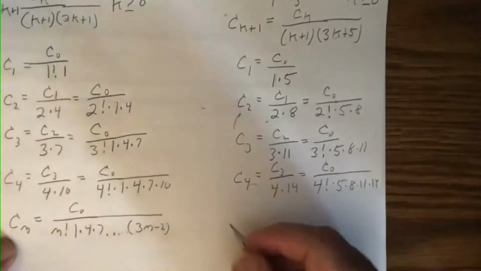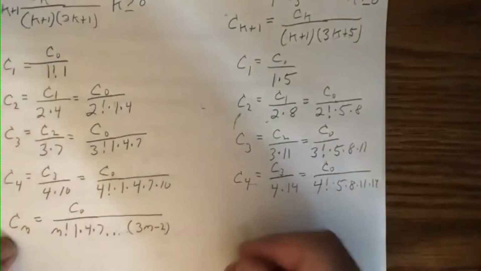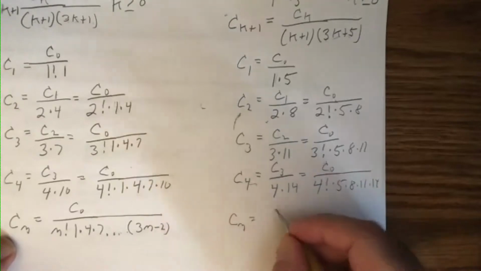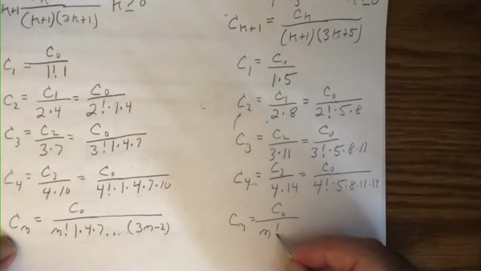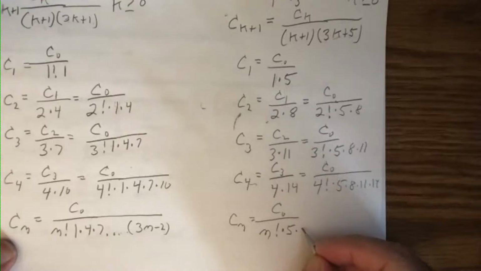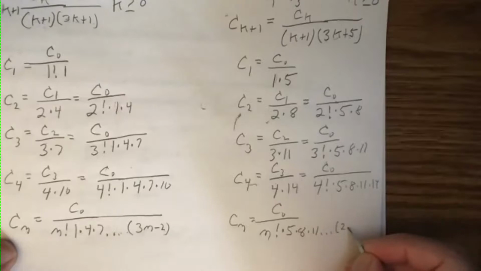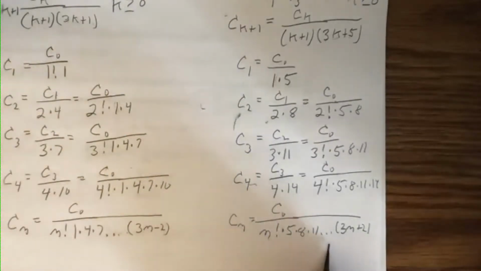If you put this in, you'll see. You don't necessarily need to. You don't need to be able to figure this out on the exam. Sometimes they're very difficult. Sometimes they're easy. And for this one here, I'm getting Cn. I can write this as n factorial, and now this is going to be 5 times 8 times 11 up to 3n plus 2. So this is a general way of writing these.